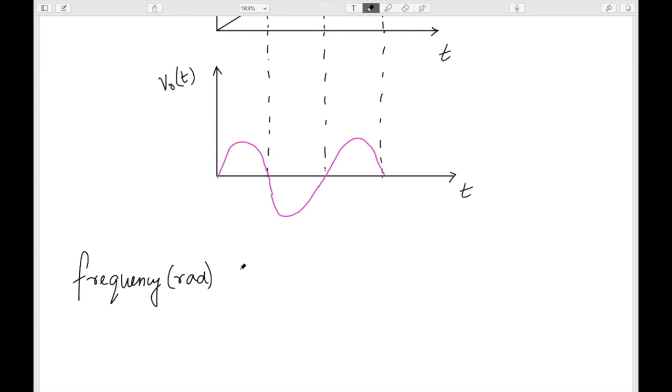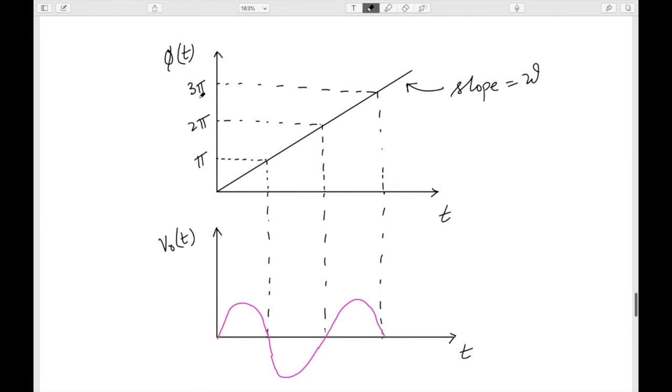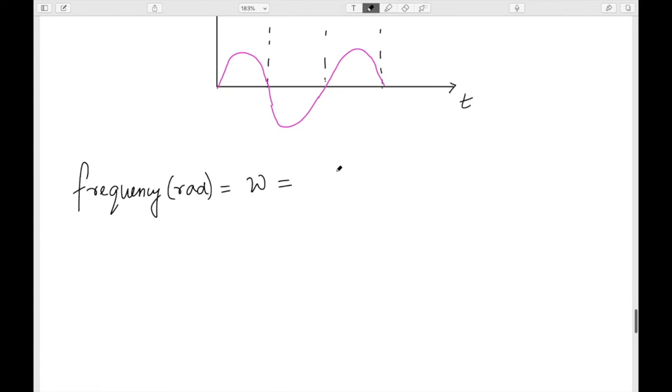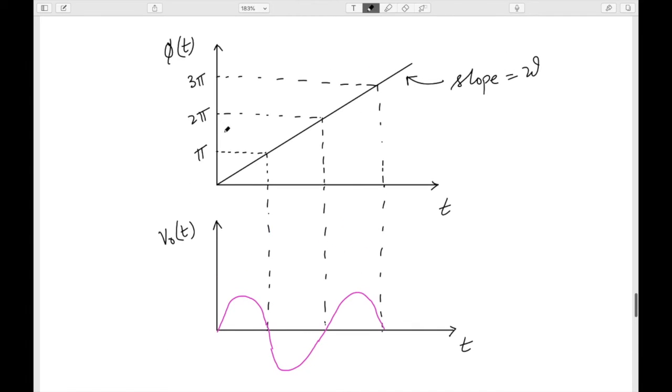Frequency in radians, which is nothing but omega, is defined by the slope of this line. It is just seeing how fast my phase is changing, so this is dφ(t)/dt. Here it is changing linearly, but in some cases it's not going to change linearly, it's going to have different curves.